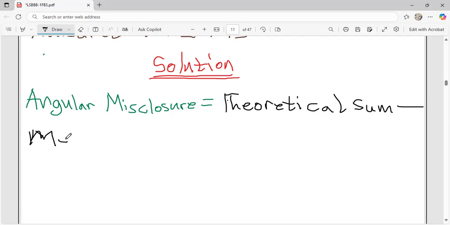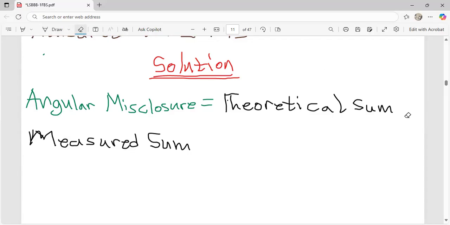So from that idea, angular misclosure is equal to theoretical sum minus the measured sum.